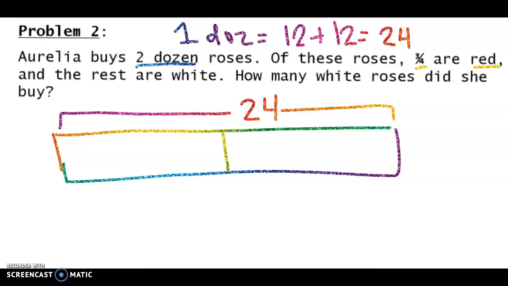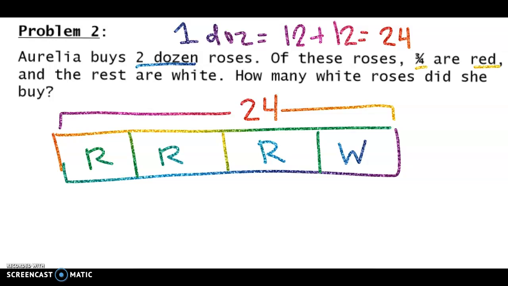So I'm going to use 3 lines to make 4 equal units. And it tells me that 3 of the 4 are red. So I'm going to put an R in 3 of the 4 to remind myself that 3 of the 4s are red and the rest are white, which means that 1/4 of them are white.